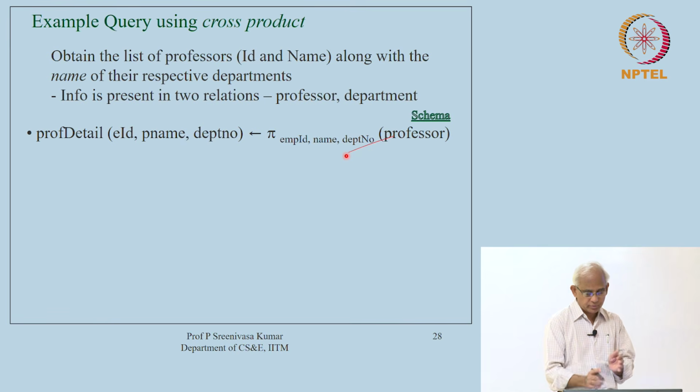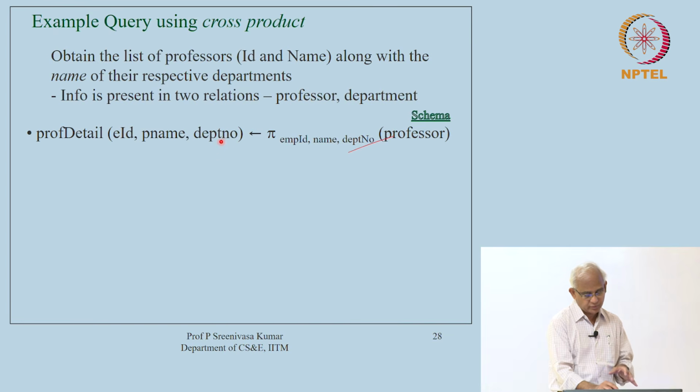Since it contains the employee ID, which is a key for professor, you will get as many tuples as there are in the professor relation. You get all of them, but here I am renaming them like this.